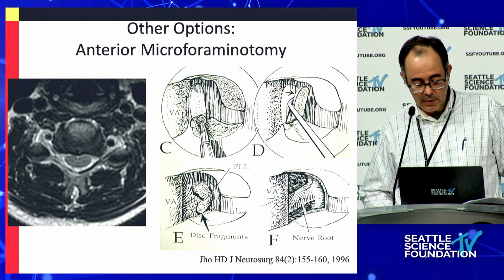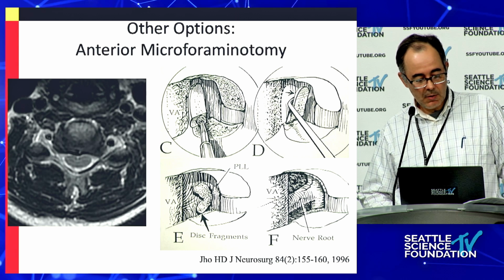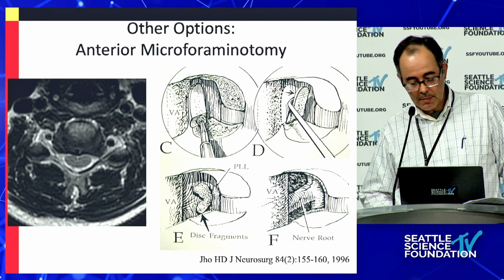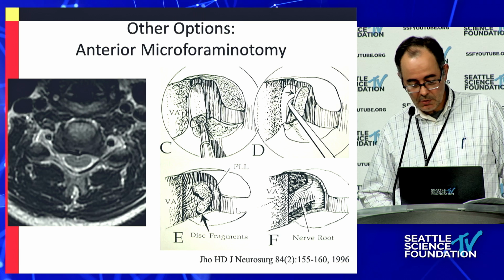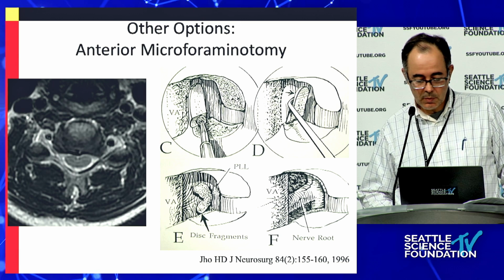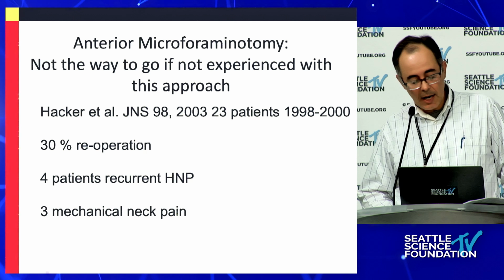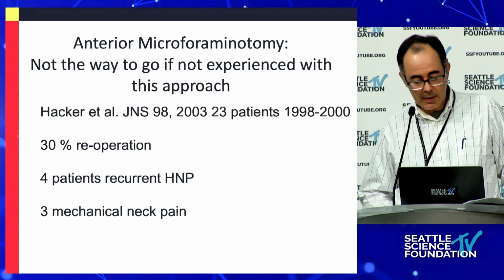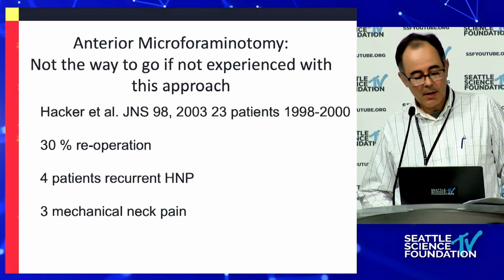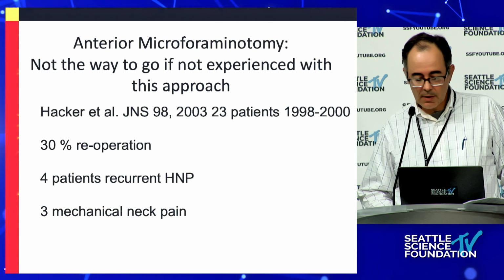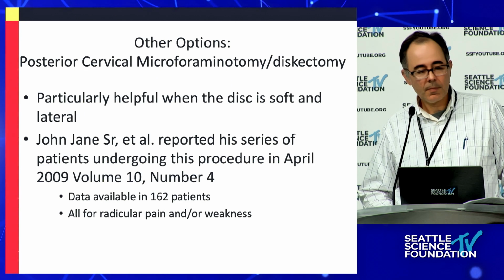It's possible, perhaps, with the endoscope, maybe this could get revisited. But I think it should be reserved for people with great experience. There's a high reoperation rate in this series. So, I don't think it's necessarily the way to go.